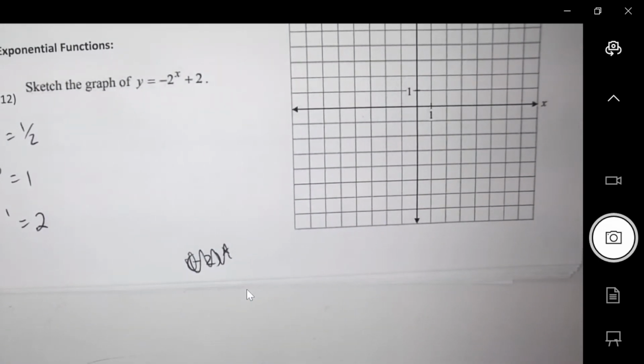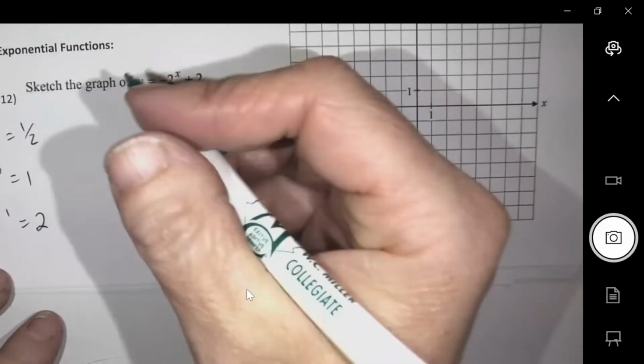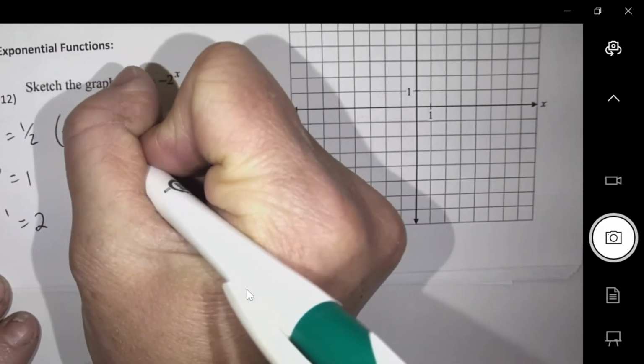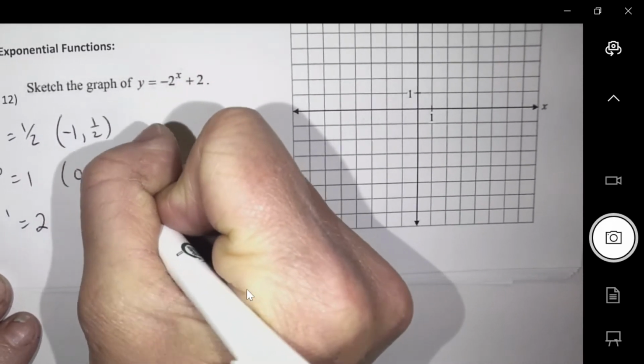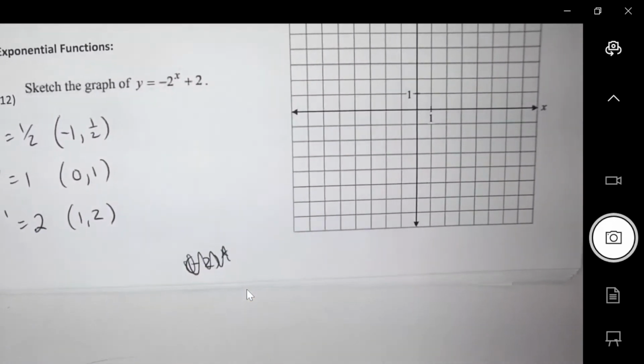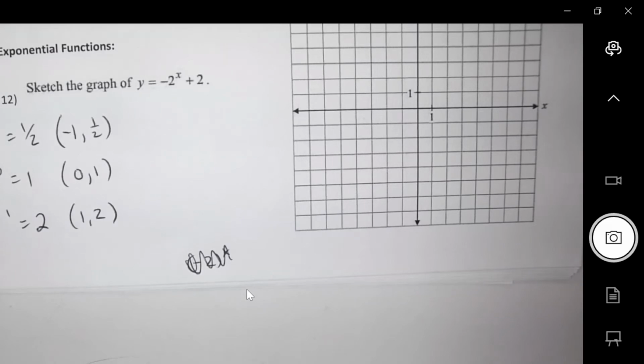Okay, as soon as you identify your base, just do that. How do I write these coordinates because it's exponential? All right, now what is going on?